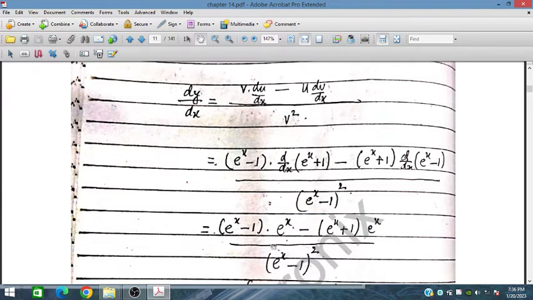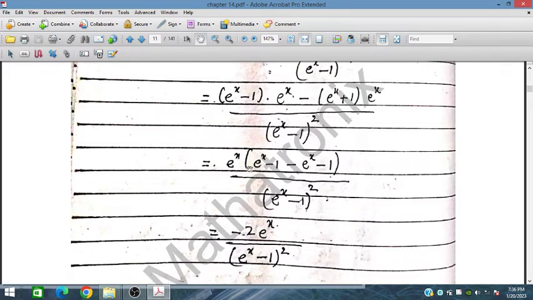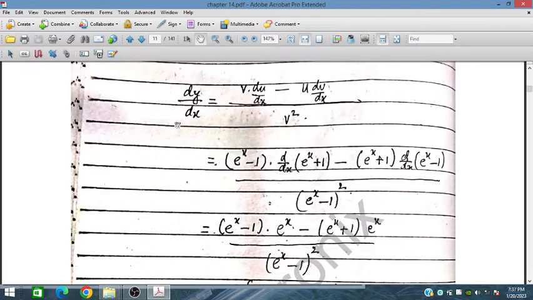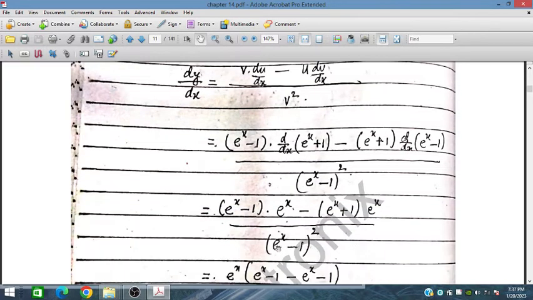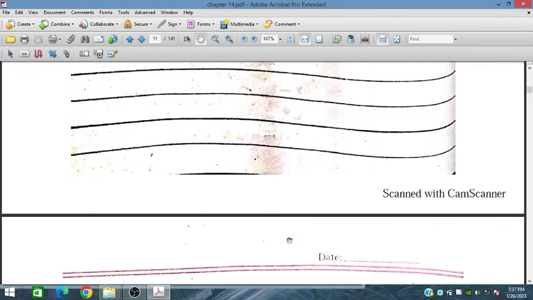By solving it we have e power x plus x e power x, and this is e power x square. So this is cancelled, basically this is plus, this is minus, they cancel. This is minus 2 e power x over (e power x minus 1) square. So this is basically the differential of y, dy by dx, this resultant.